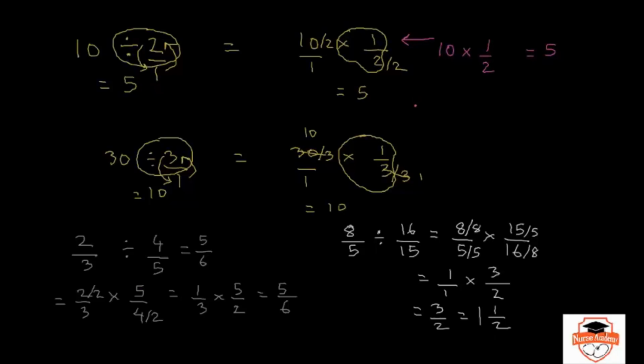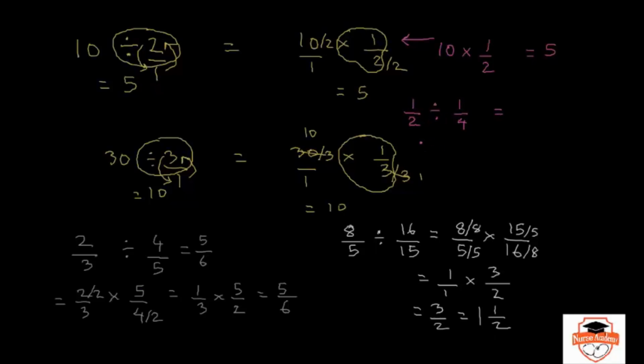Now let's say you are dividing 1/2 with something. The general notion is, since we are dividing 1/2, the final answer is going to be less than 1/2. But if you are dividing with a number that itself is less than 1, let's say you're dividing 1/2 with 1/4. Let's find out what the answer would be.